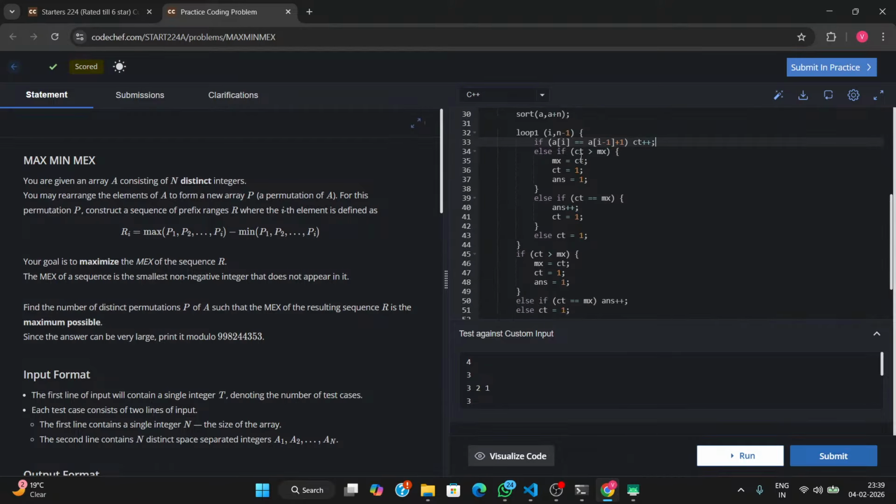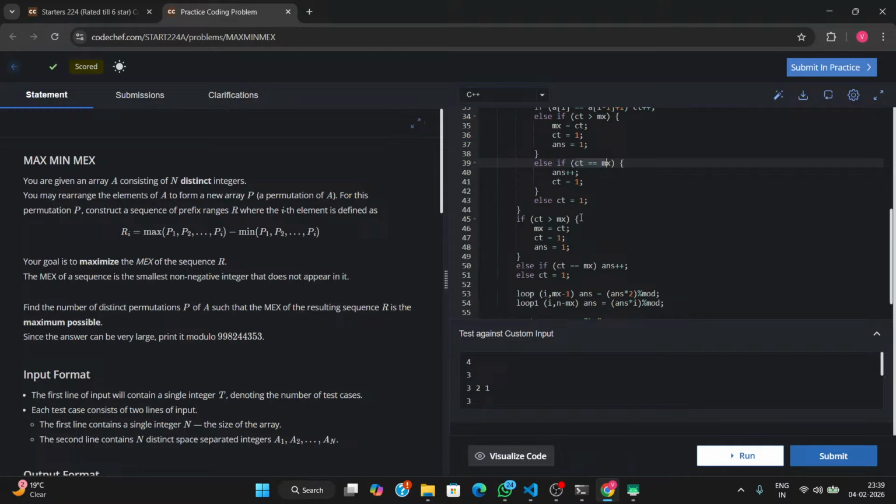If that's not the case and the count is bigger than max, we will update the max. Answer will also become one. If the difference between these two corresponding elements is greater than one and this count is equal to max, then we will increment the answer, as we are counting the number of subarrays that is equal to mx. Right. So we will increment the answer in this case. Otherwise, CT will be simply equal to 1.